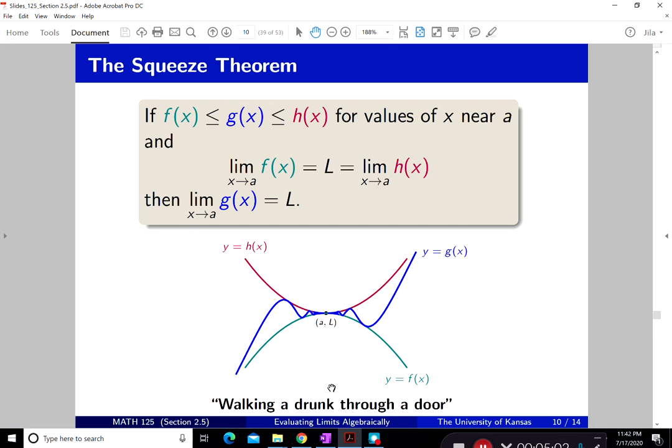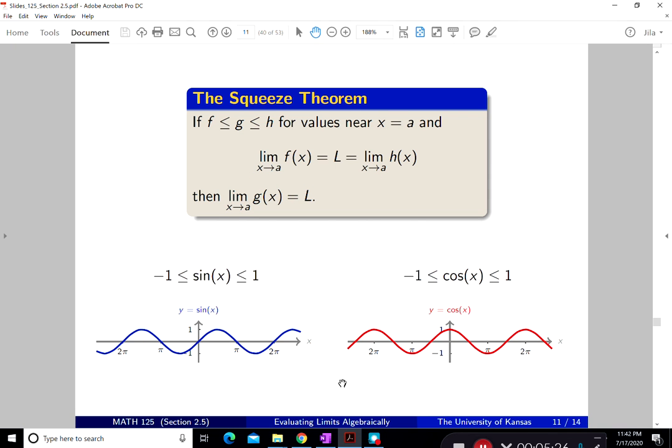People talk about this as walking a drunk to a door. Basically, he's going back and forth, but you kind of have to converge to that door to get out. There's a lot of space, but the space right there is too small, so you know that he passes through that door. Basically, the limit happened.